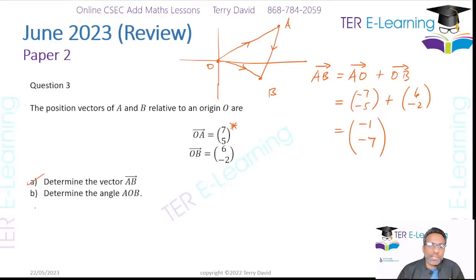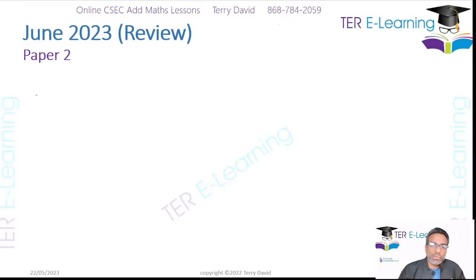Right, so this one is not too bad. The second part here, they can ask us to find the angle between two vectors. That's something that they like to bring in. So let's draw a little sketch here. So this is O, this is A, this is B down here, and the question wants us to work out the angle between these two vectors.